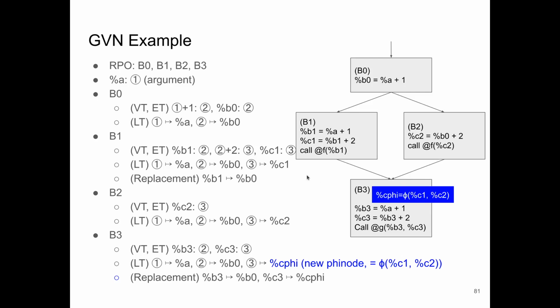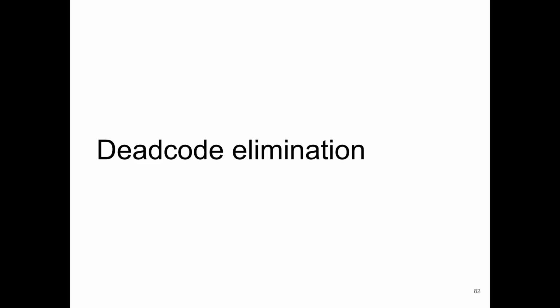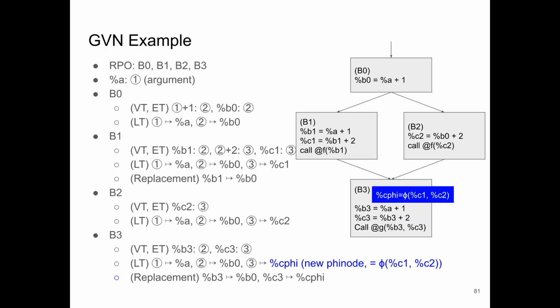The leader value is C1 at the end of B1 for number 3, and it is C2 for B2. As a result, C1 and C2 are placed in the phi node's arguments. And this C5 should have the same number, which is number 3. And that is basically it. Using this replacement table, B1, B3, and C3 should be replaced, and they are just going away.